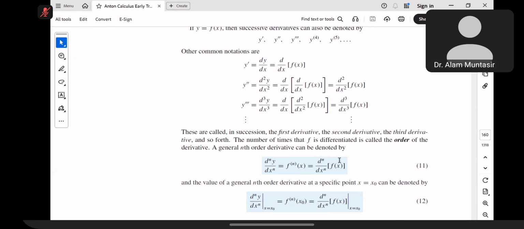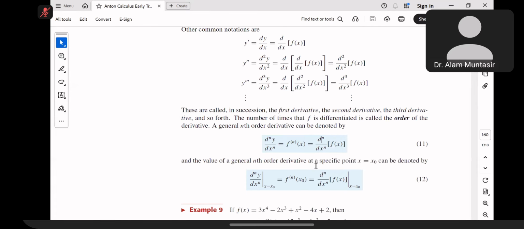The order of differentiation is denoted by d^n y by dx^n. So this is the nth derivative of the function y. You can write it using this notation, and there are also several other notations, but the meaning is the same.